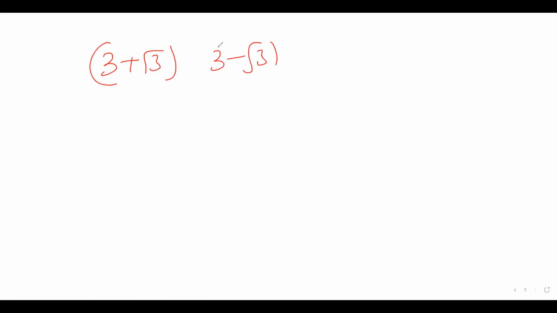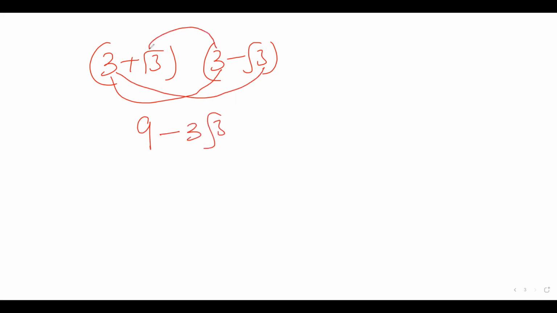See, if you don't want to apply the formula, simply multiply. 3 3s are 9. 3 into minus root 3 is minus 3 root 3. Root 3 into 3 is plus 3 root 3.